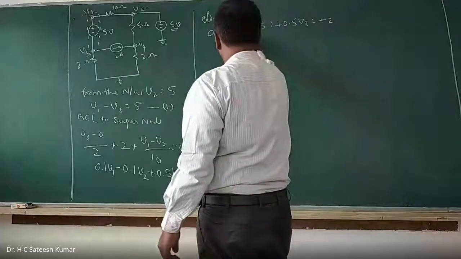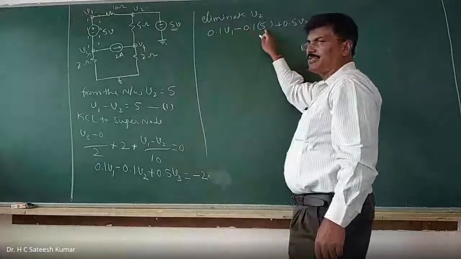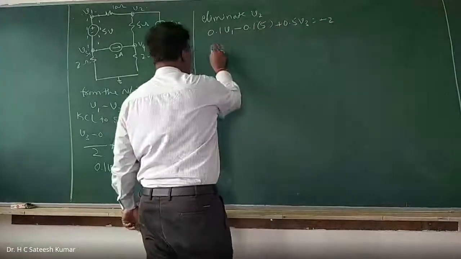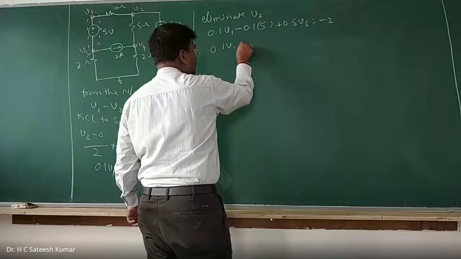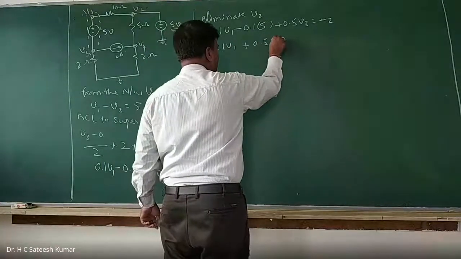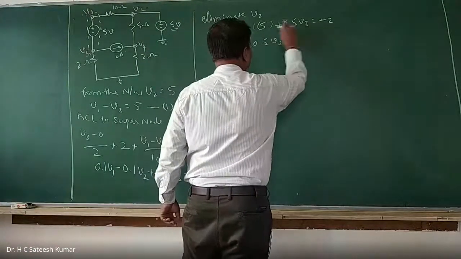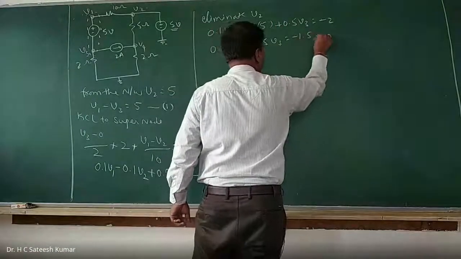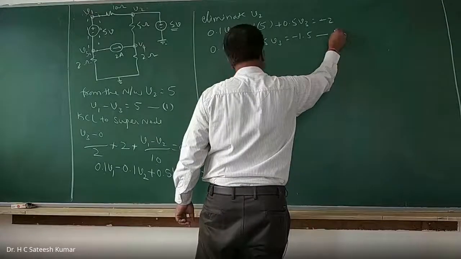Therefore, minus 0.1 into 5 is minus 0.5, transfer to right hand side plus 0.5. So 0.1 V1 plus 0.5 V3 is equal to minus 2 plus 0.5, which is minus 1.5. Call this equation number 2.